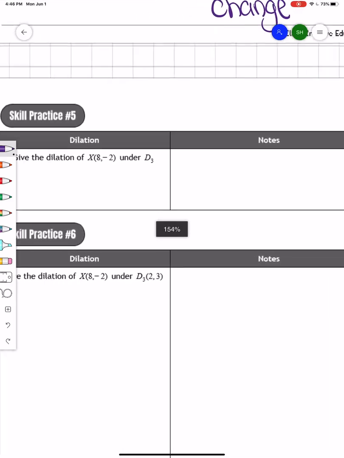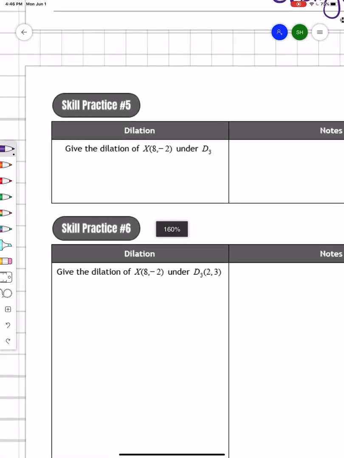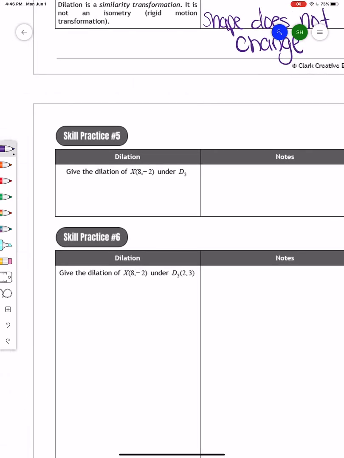So, given the dilation, x is 8, negative 2 under D to the third. D to the third is what's important. You're dilating by a positive 3. So that means you have x, 8 times 3, comma, negative 2 times 3. 8 times 3 is 24.